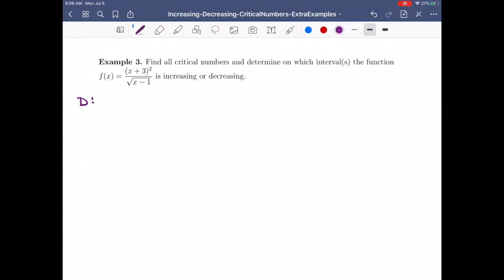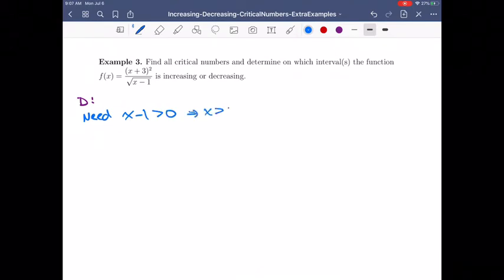So for the domain, we need the bottom not to be 0, and it has a square root, so we also can't plug in a negative value in the square root. So we need x minus 1 to be strictly bigger than 0, which means that x needs to be strictly bigger than 1. So in interval notation, our domain is from 1 to infinity, but not including 1. So that's our domain.